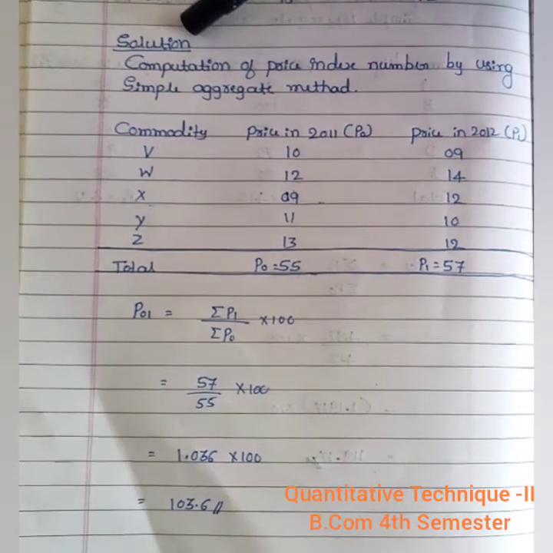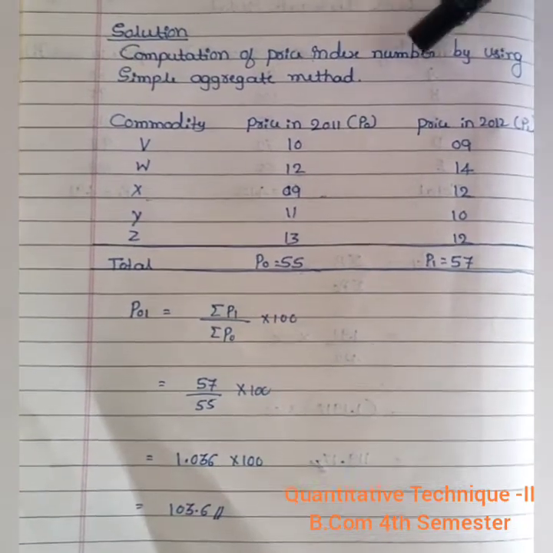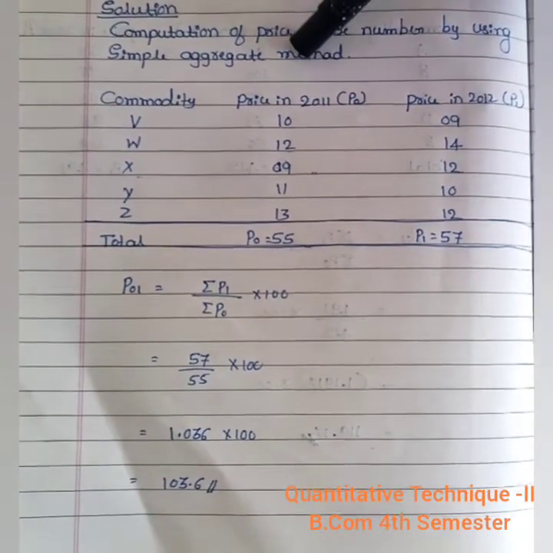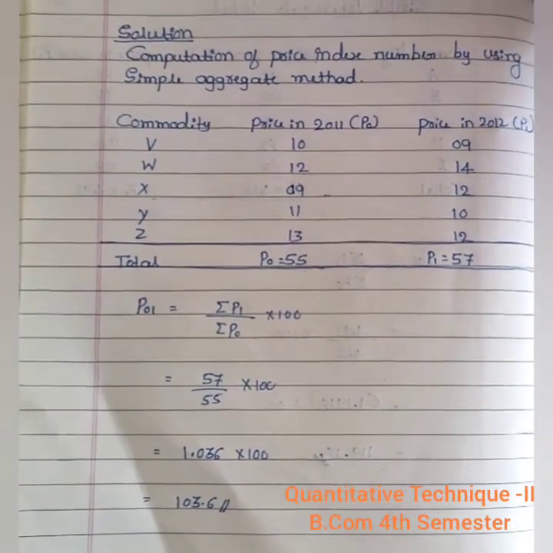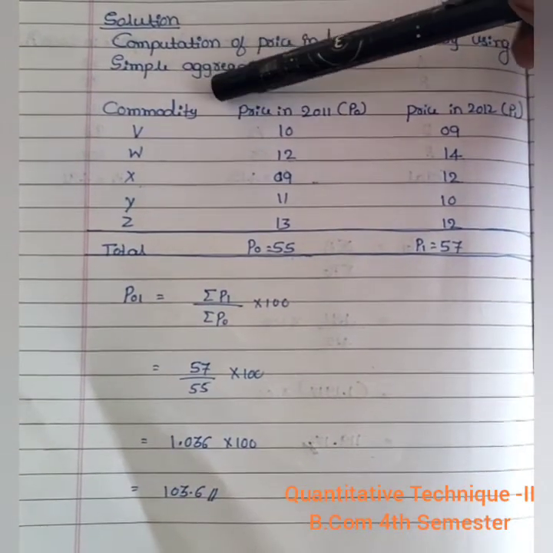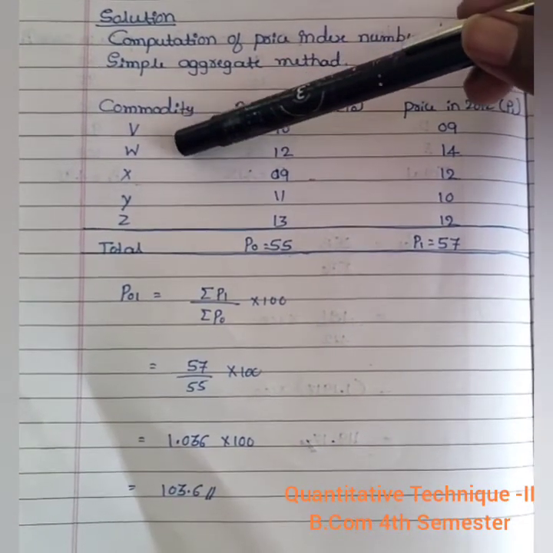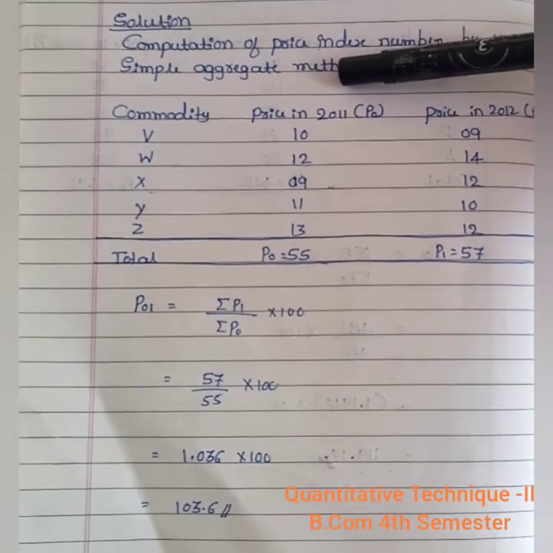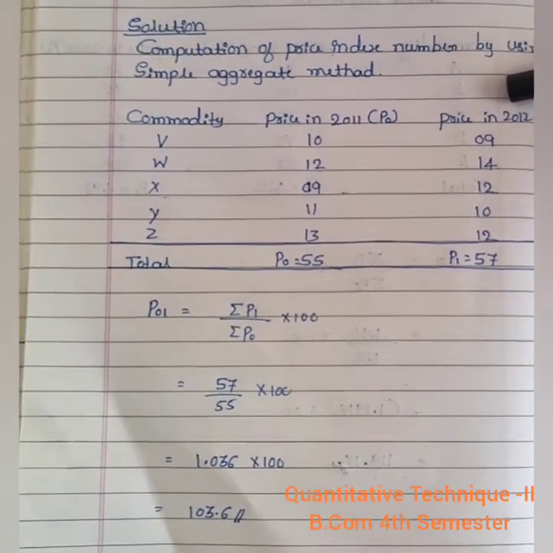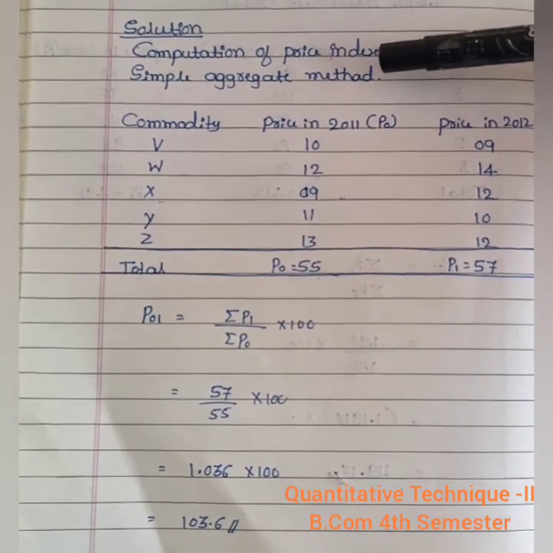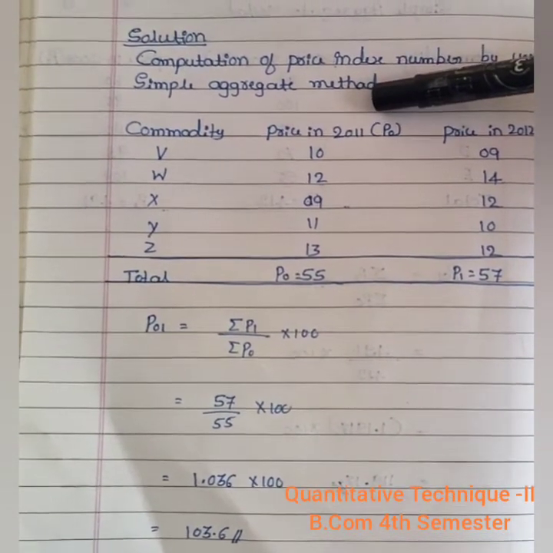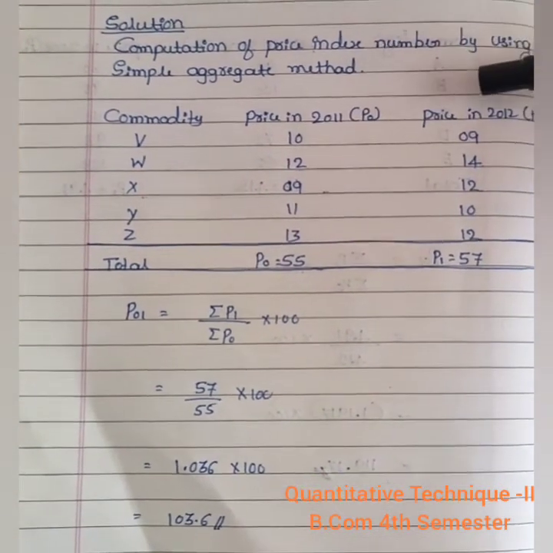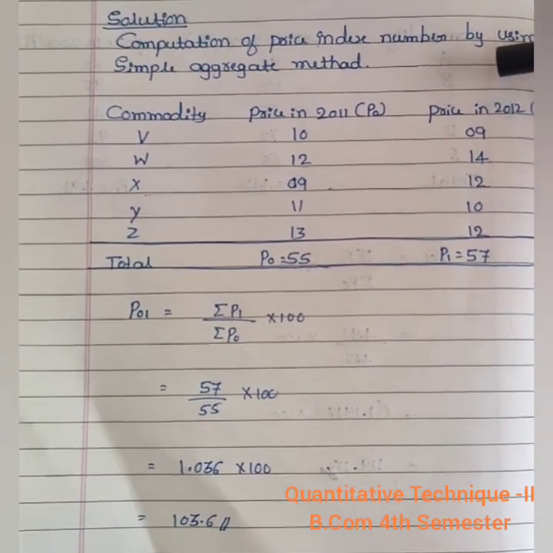Solution: computation of price index number by using the simple aggregate method. In this problem, the commodities given are V, W, X, Y, Z, with price in 2011 and price in 2012. As I said, price in 2011 is the base year and price in 2012 is the current year price.